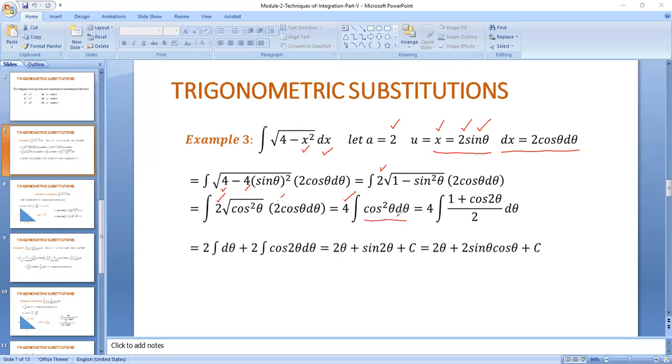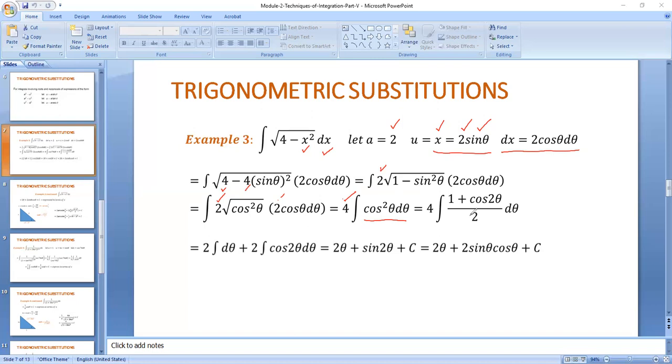A cosine or a sine raised to a positive even exponent will be transformed first to its equivalent identity in terms of the double angle cosine. So your cosine squared theta is equal to 1 plus cosine 2 theta divided by 2. That is its equivalent identity, so we can replace this one. That way we can integrate it easily.